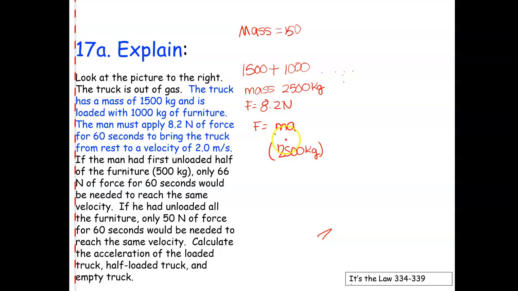Sorry, we have to derive the formula first, don't we? So we have to manipulate the formula to get acceleration all by itself. So we divide each side by the mass, and that gives us F divided by m equals A. And so we have a force of 8.2 newtons divided by 2500 kilograms.